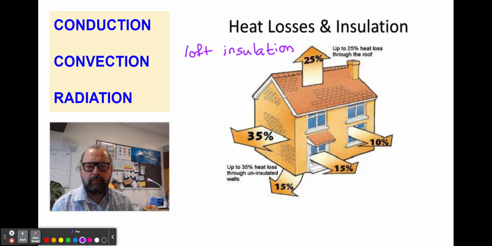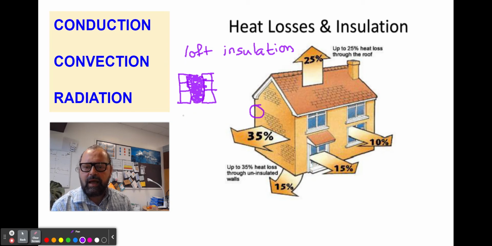Inside your walls are usually a double layer of bricks. So if you imagine you could see inside the wall here, we'd see layers of bricks, and when homes are built, that gap can be air, and air itself is a poor conductor, but better to trap the air by filling this gap with foam or polystyrene.